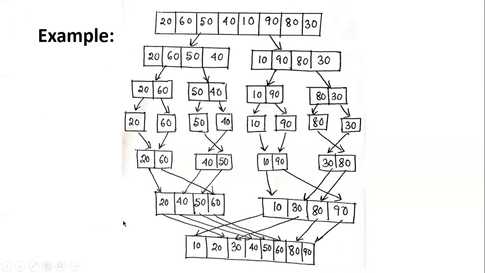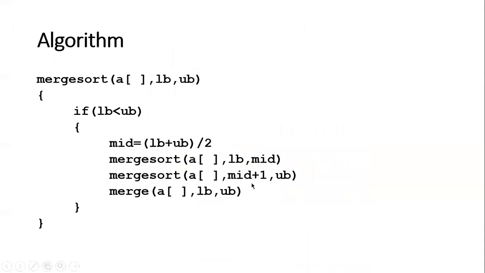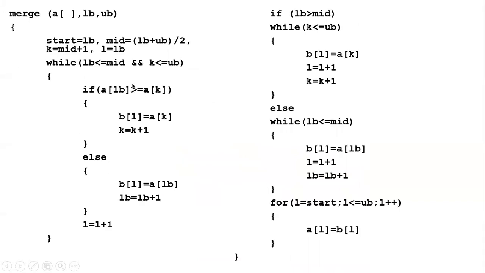When we compare 20 and 10, 20 is greater than 10. That means the first subarray element is greater, so the content of the second subarray will be inserted into the B array.